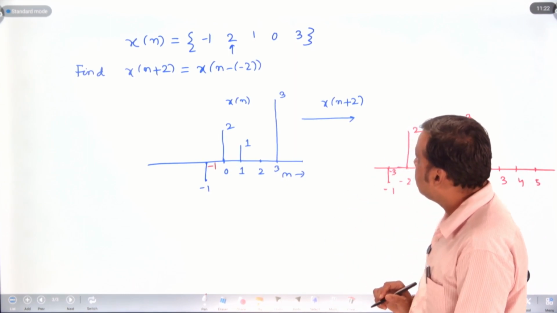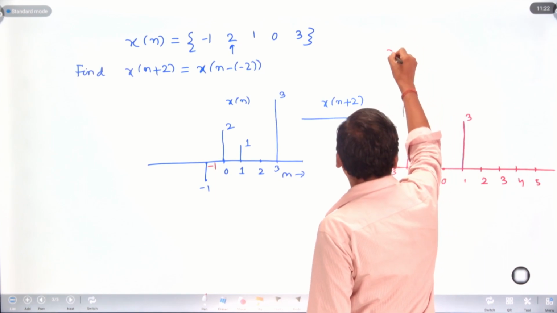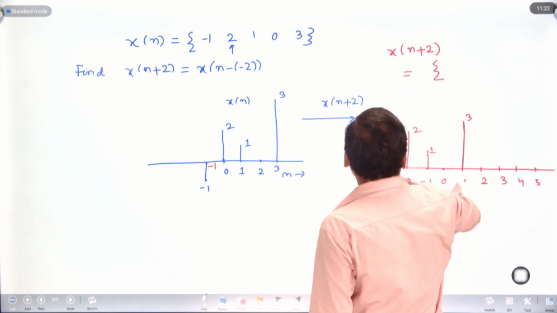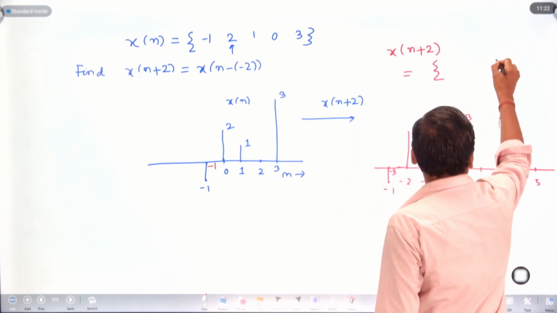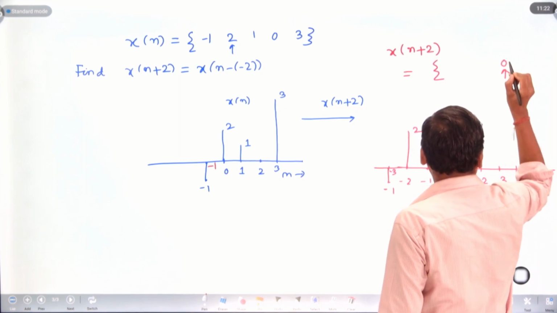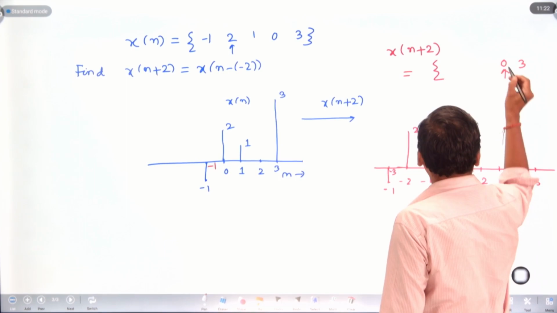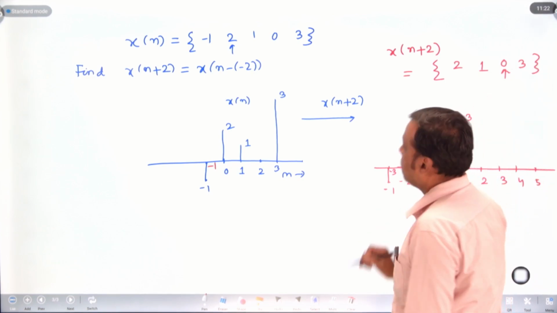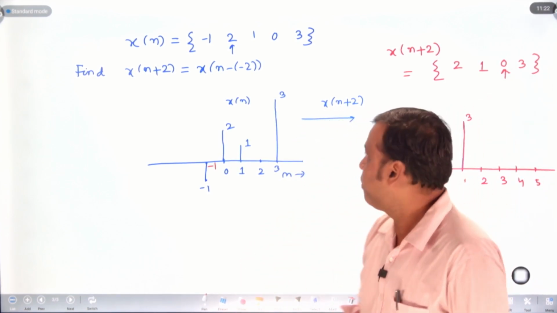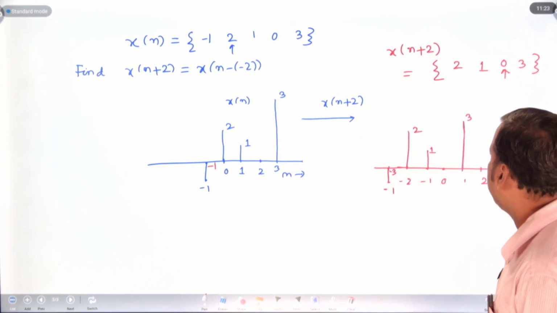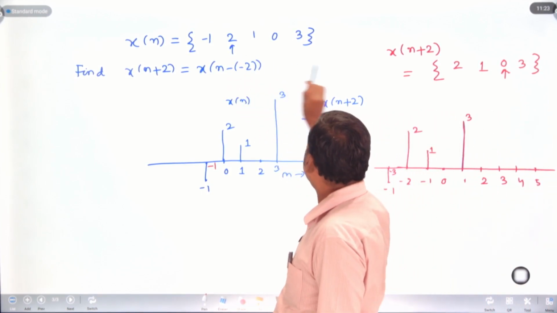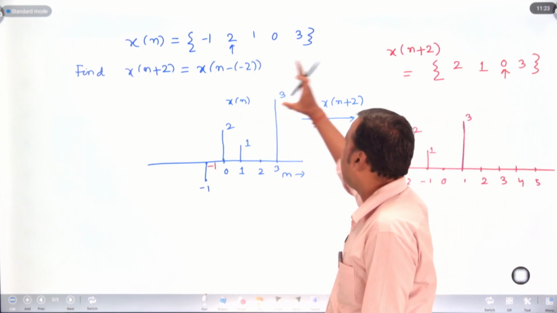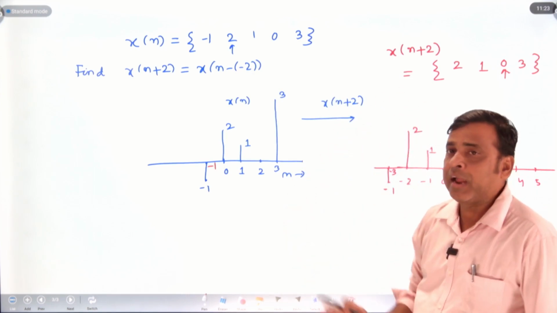In sequence representation, I can write x of n plus 2 like this, with 0 and 3 at the corresponding positions. As far as shifting is concerned, for x of n plus 2 in sequence representation, the arrow mark is shifted by 2 units toward the right.